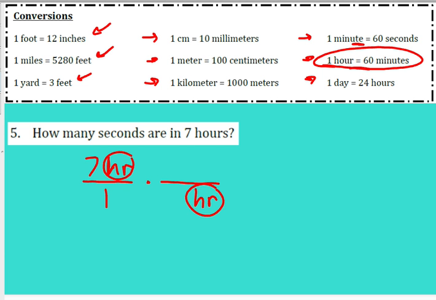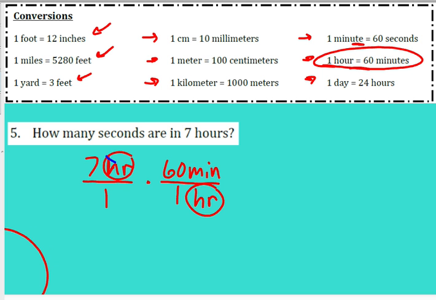Now, we're going to convert hours to minutes here. Well, how many minutes are there in an hour? There's 60 minutes in 1 hour. And 60 minutes divided by 1 hour, this fraction right here, is equal to 1. So it's not changing the value of our 7 hours. It's just rewriting it in minutes.